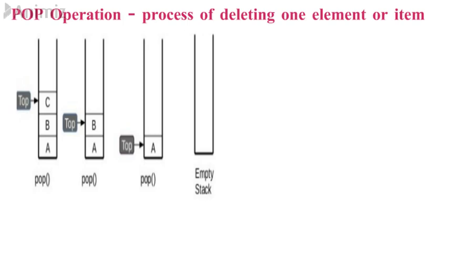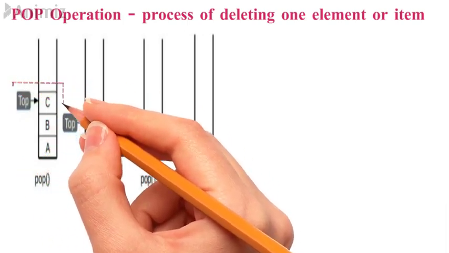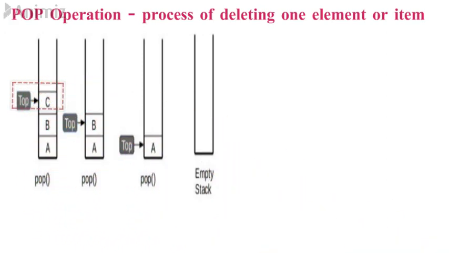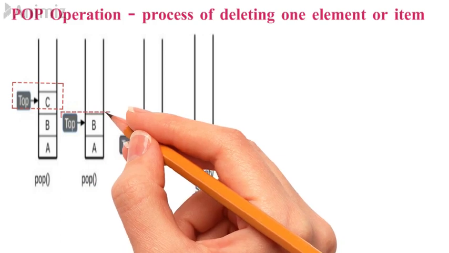Now when you see the diagram, you have the elements C, B and A. C is at the topmost and my top pointer points to C. Now when I am trying to pop, I will take out C. So automatically my top pointer must point to B. So I am decrementing my top pointer.